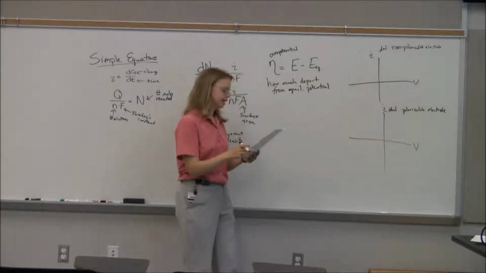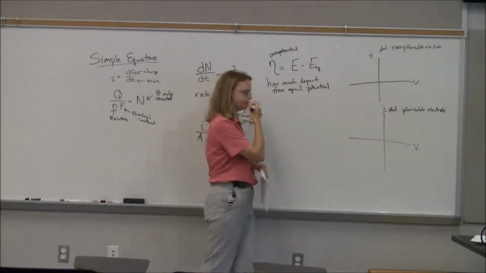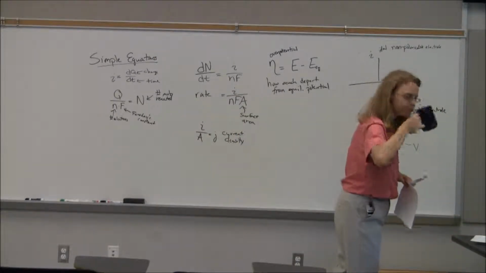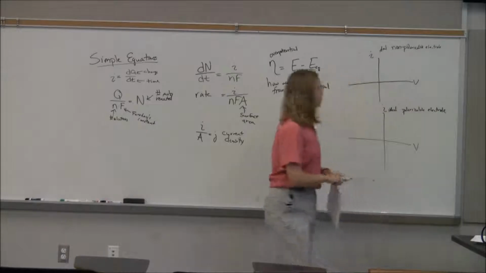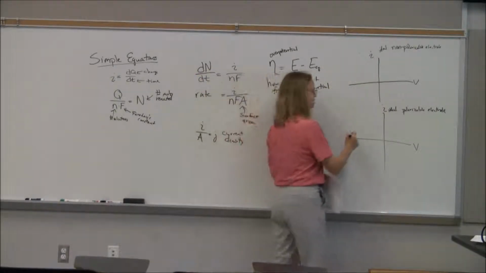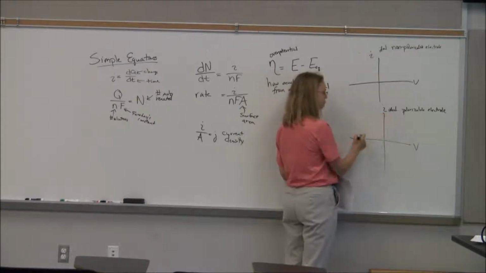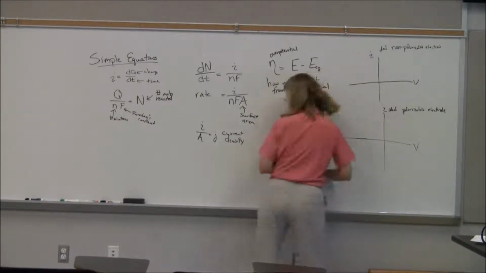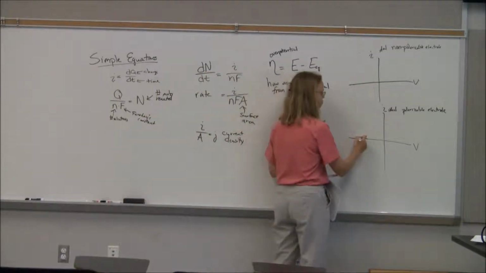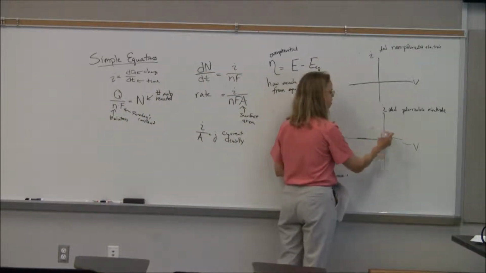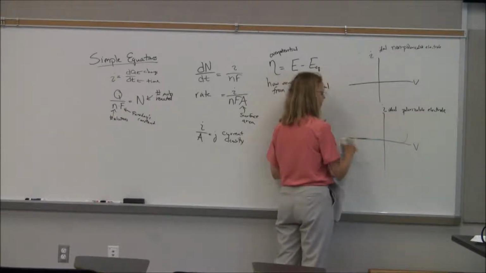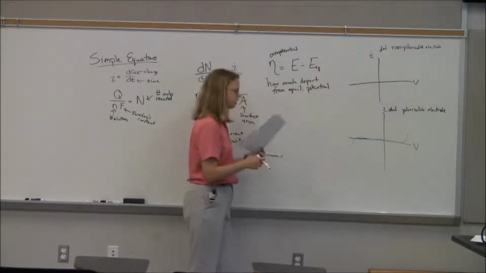Let's start down here. For the ideal polarizable electrode, the idea is that even though you're polarizing it, you're essentially getting no change in current over a wide range.